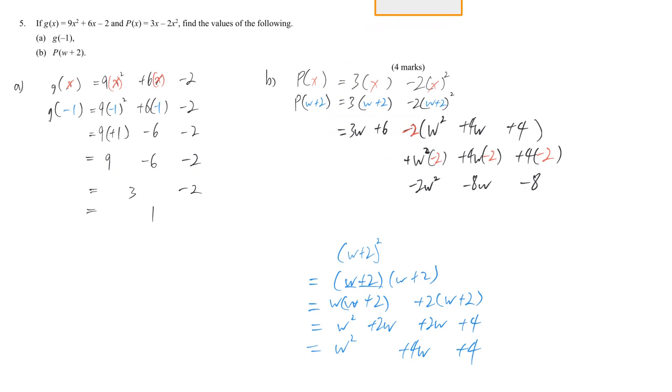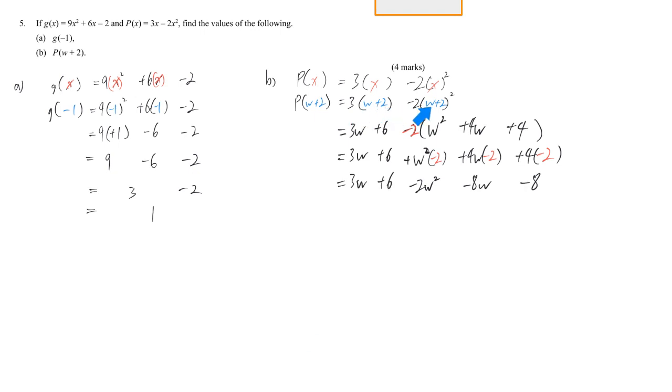The first two terms we did nothing, so we should copy down. So we have 3w + 6 in every row. Just now what we did here is focus on expansion. Let me remove the bracket. We successfully separate into 1, 2, 3, 4, 5 terms. Then we are now going to find out any similar terms that we can combine together to simplify it. Negative 2w squared. And then we don't have any other w squared.